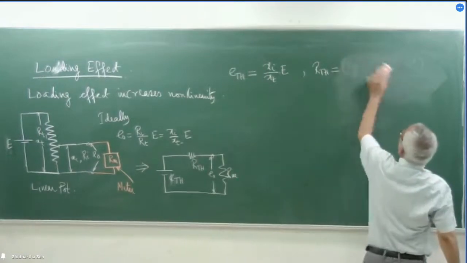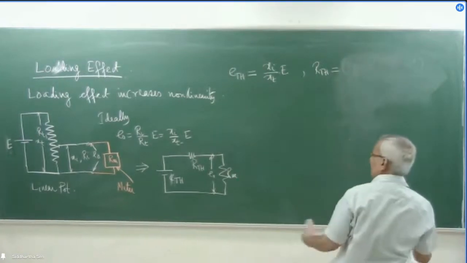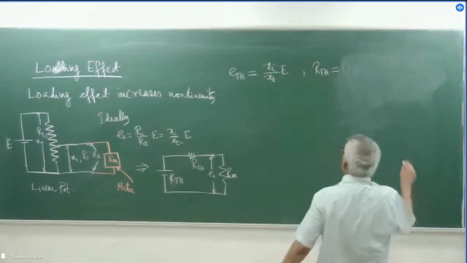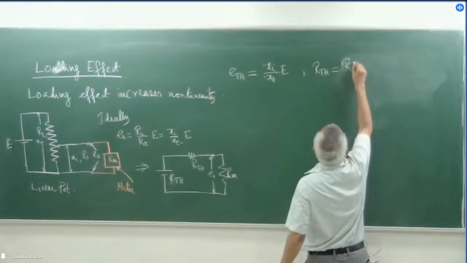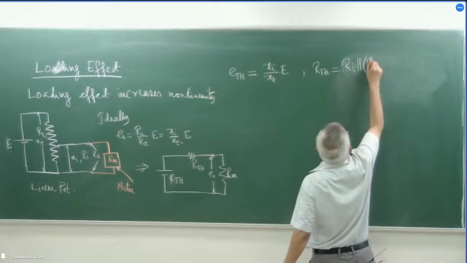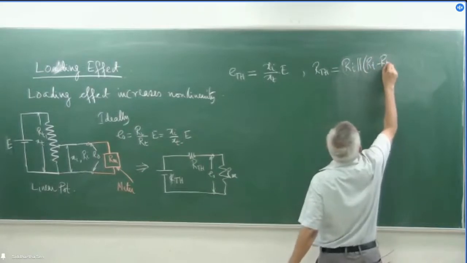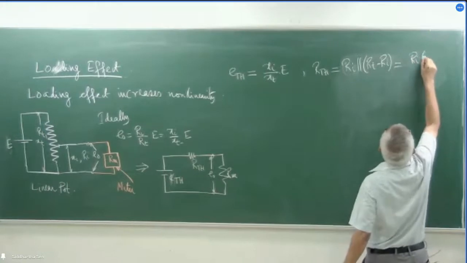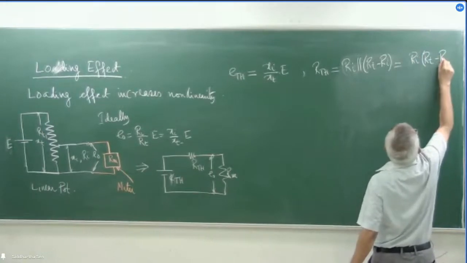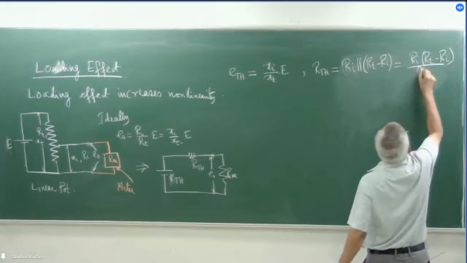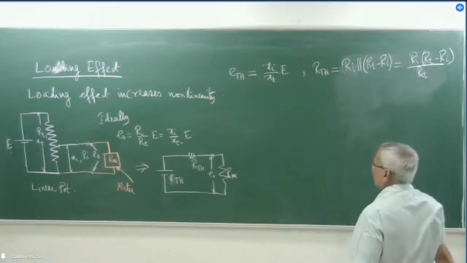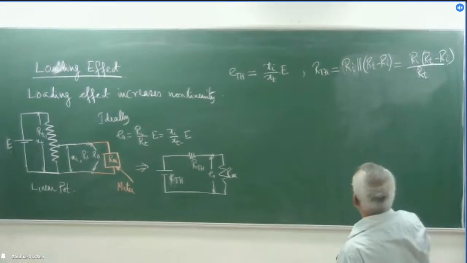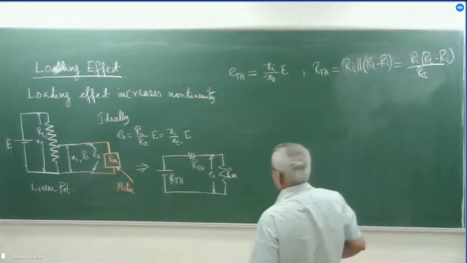Please excuse me. Once I remove Rm, here it is Ri parallel with RT minus Ri. So here it is Ri into RT minus Ri divided by RT. Am I correct? Please correct me if I am wrong.